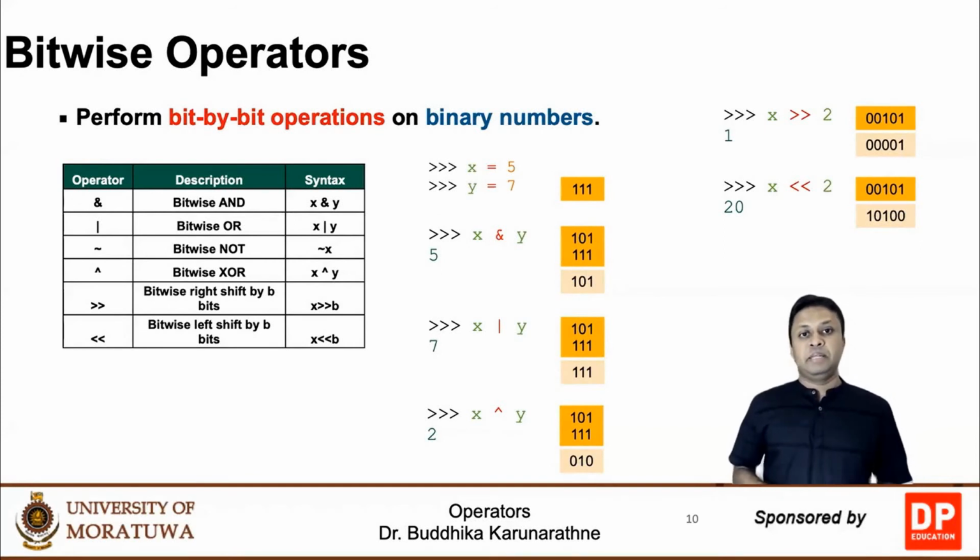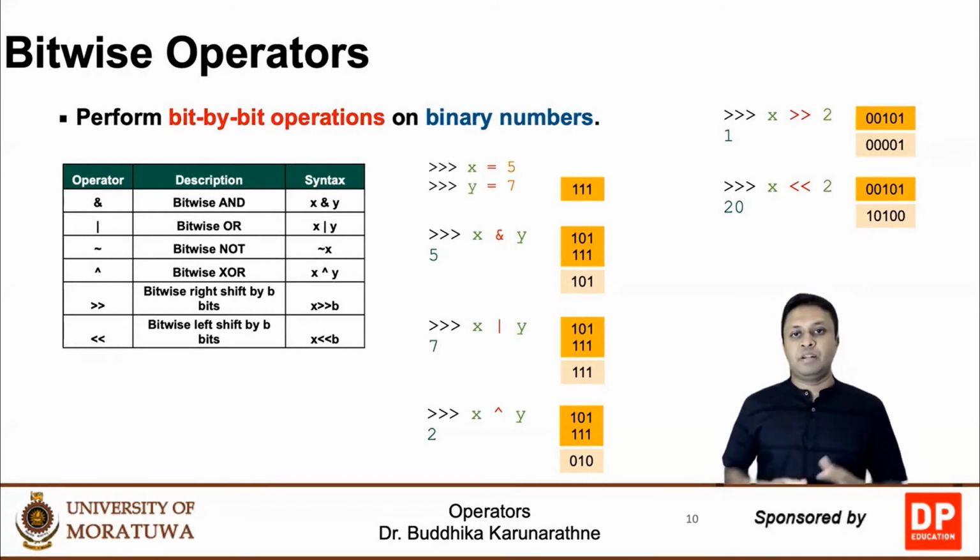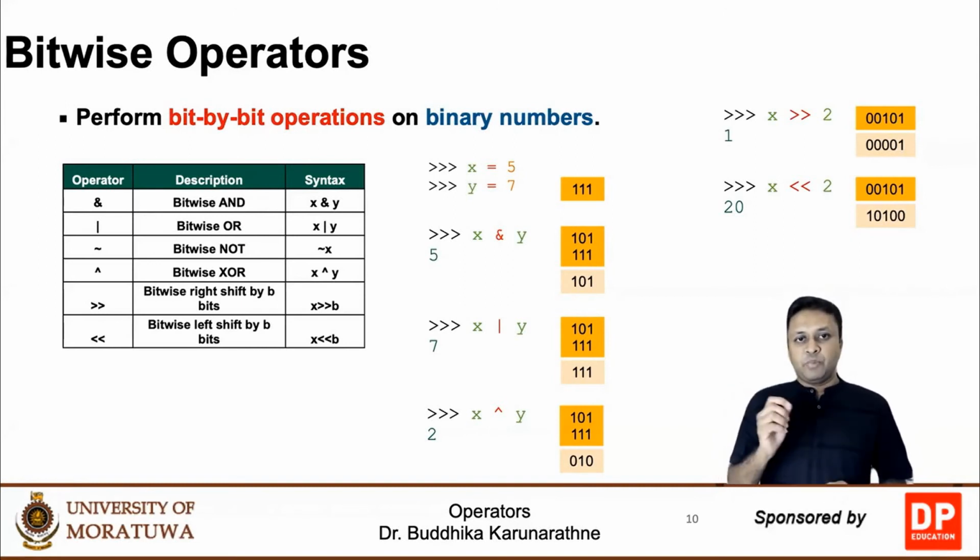Now let's look at bitwise operators. These are similar to logical operators, but treat operands as binary values and operate on them bit by bit. For example, 5 is 101 in the binary format, and 7 is 111. When you perform the AND operation on these operands, it will give you the output 5, 101 in binary form, since you performed a logical operation on each bit of the numbers, one at a time.